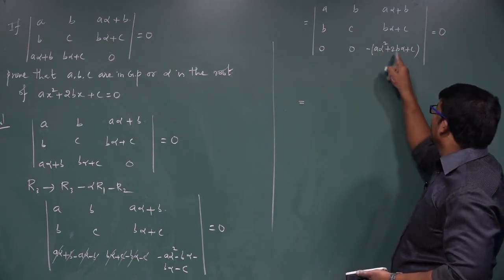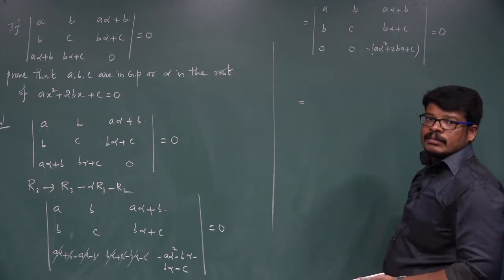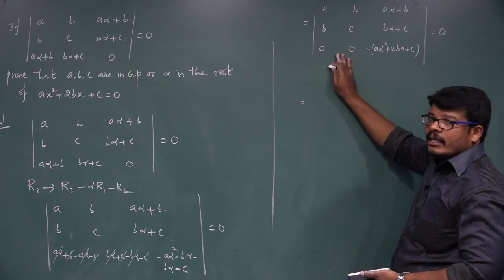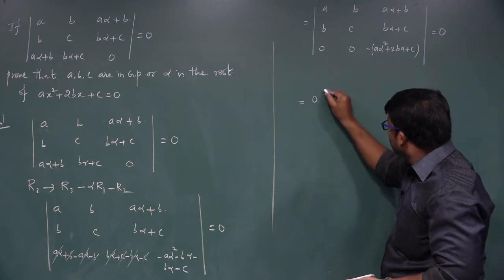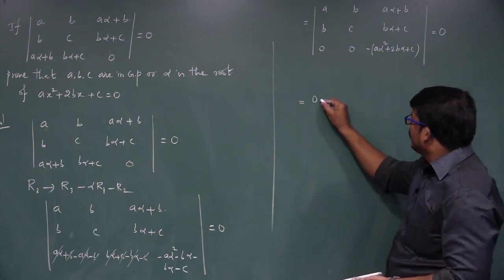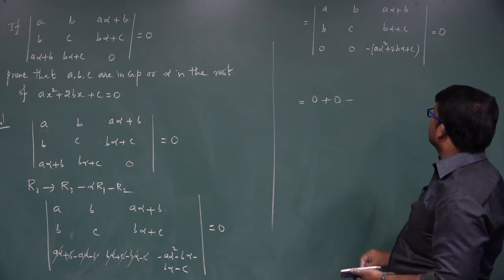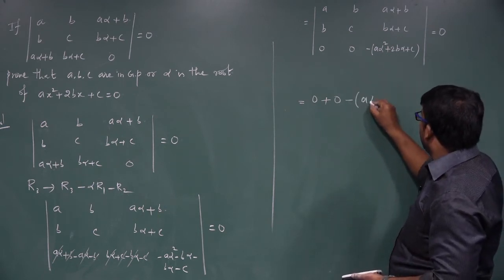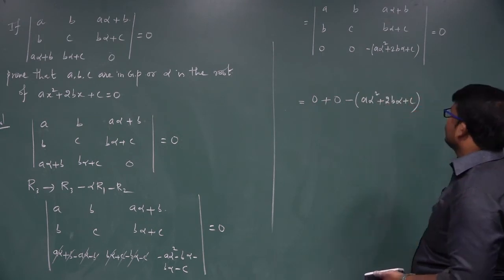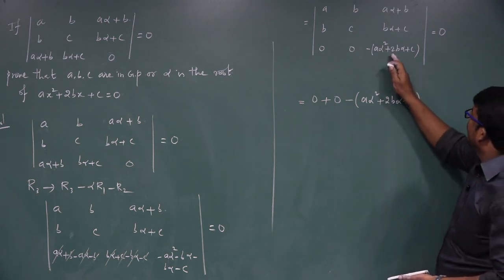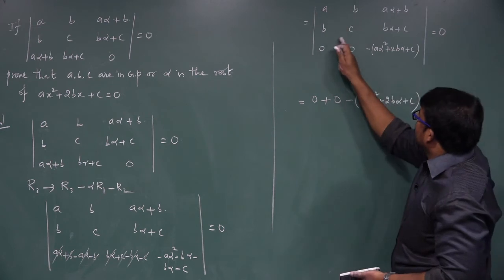Next element is minus of A alpha square plus 2B alpha plus C, taking the element, this column and row are eliminated, getting the minor matrix.